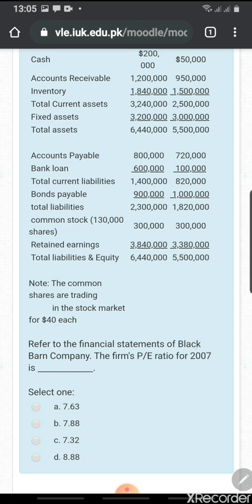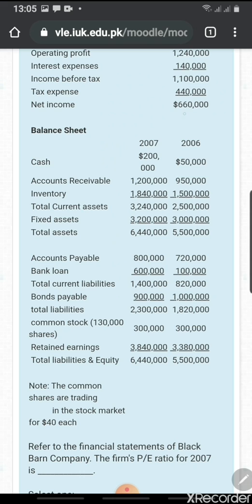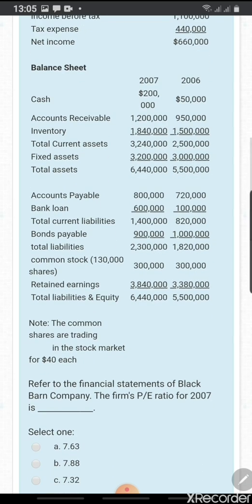Next ratio is price to earning ratio. So price to earning ratio is market price divided by earning per share. If you look at the question, price is already given to you. This is the price, $40 each. You need to calculate the earning per share, which is net income divided by number of shares. So net income is 660,000 and the number of shares, you can see with common stock it's written 130,000 shares.